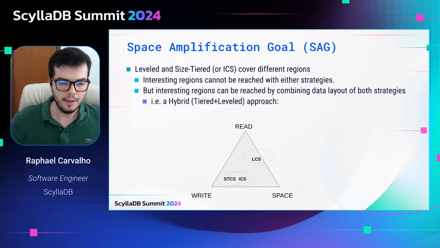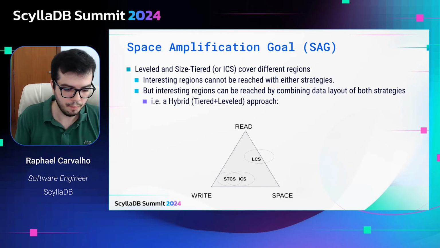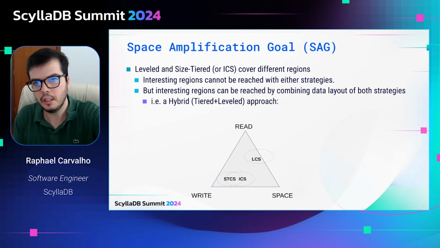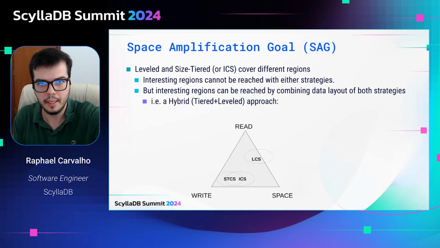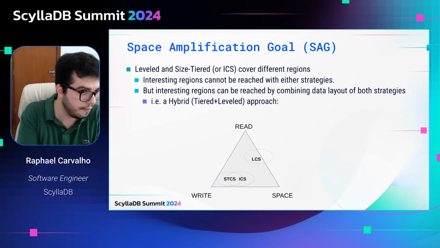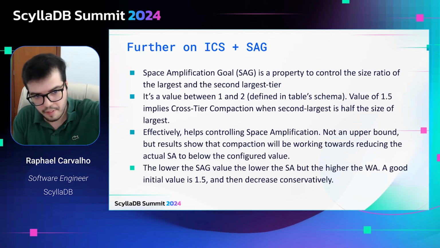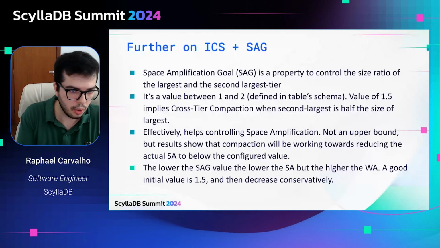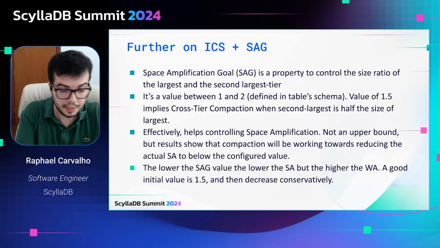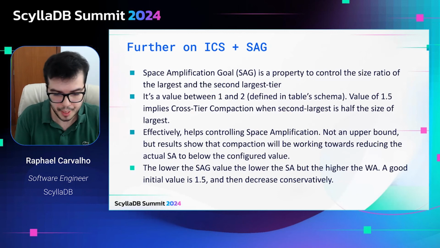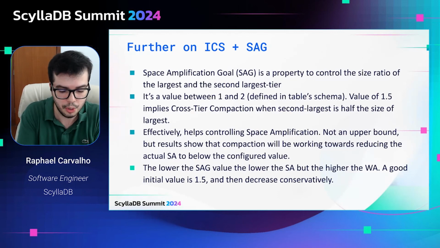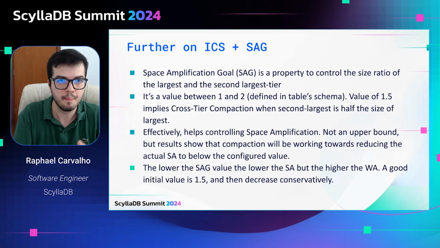Of course, if you remember the RUM conjecture, you're going to remember that we have to make trade-offs. So it's not going to come without a write amplification cost, but we can employ the concept of cross-level compaction and also the size ratio between levels in order to decrease the write amplification cost and still allow the redundant data to be compacted away during compaction.